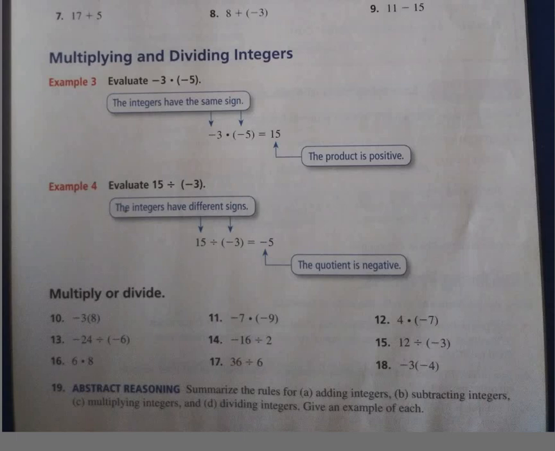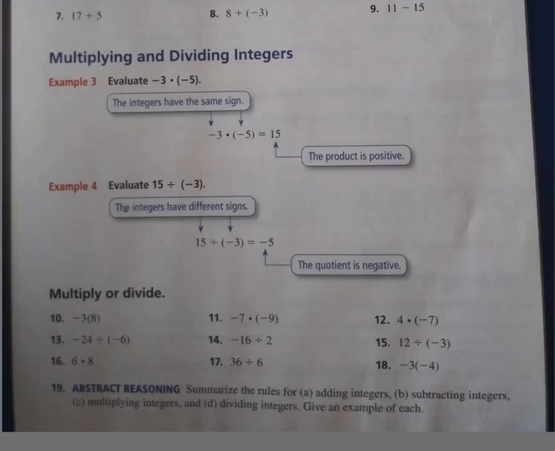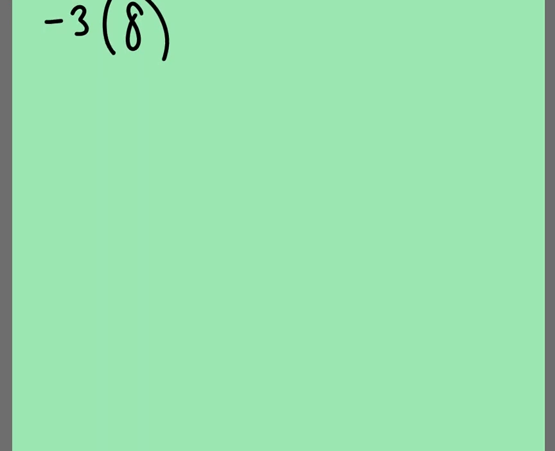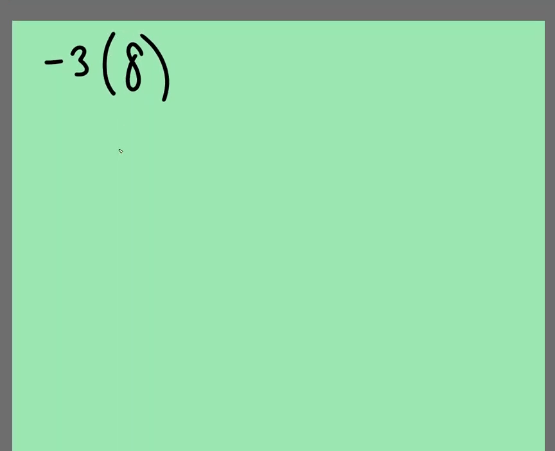So let's get started. We're going to start with number 10, which is negative 3 times 8. The first thing to start with is whenever you see a parenthesis like this with a number next to it, there is an invisible multiplication symbol right there.